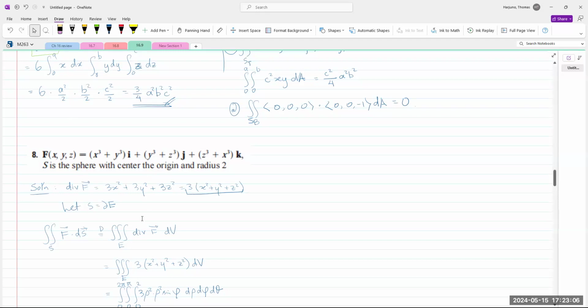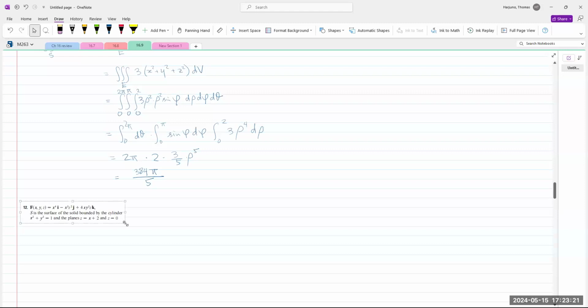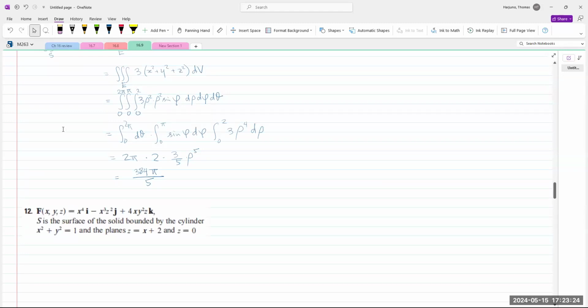Okay, next one, number 12. Let's see, number 12. That's the vector field. S is the surface of the solid bounded by the cylinder and planes and the xy plane. Oh, okay, so we have this cylinder on the ground, and then that plane.